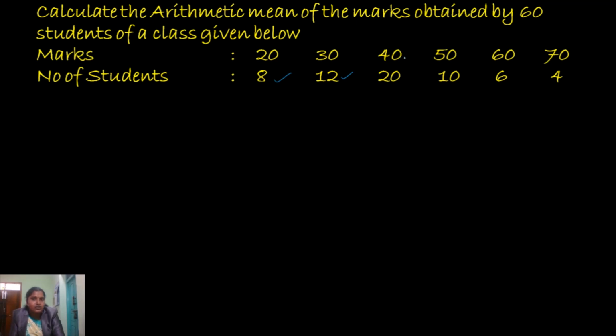The number who scored 40 marks is 20 students, and so on. Here we assign the variable x as marks and the number of students as the frequency. Let's assume x represents the marks and f represents the number of students.